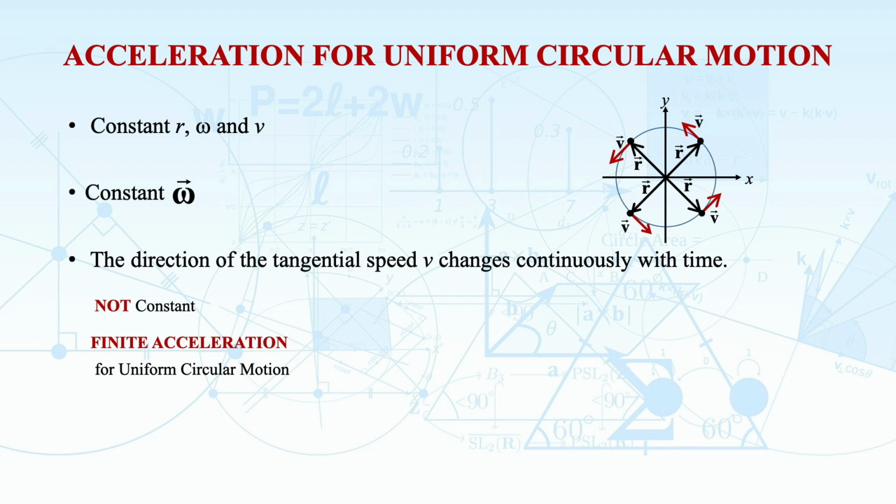So although the magnitude of v is constant, the direction of v is not constant, and therefore we have a varying velocity. If you remember, whenever there is a change in the velocity, there is an acceleration. So this tells us that even to keep a particle moving with a constant angular speed and a constant linear speed in a circular path, you must have a finite acceleration. This is called the centripetal acceleration for uniform circular motion.